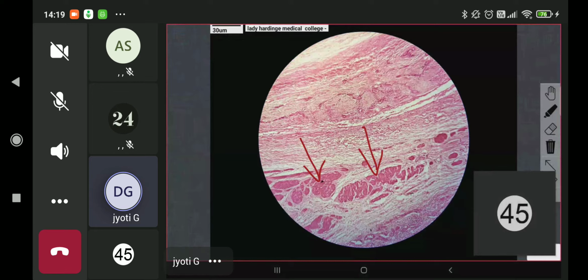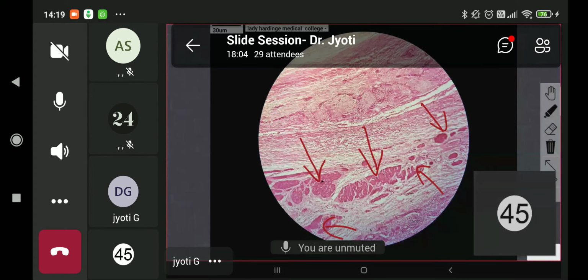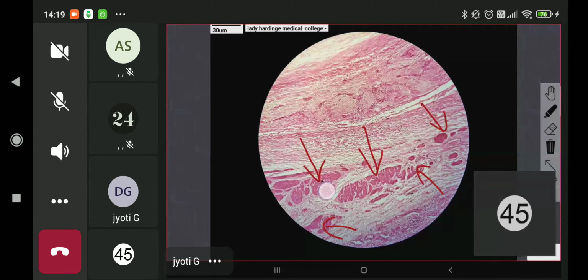Can you see my mark? Can you see smooth muscle bundles?